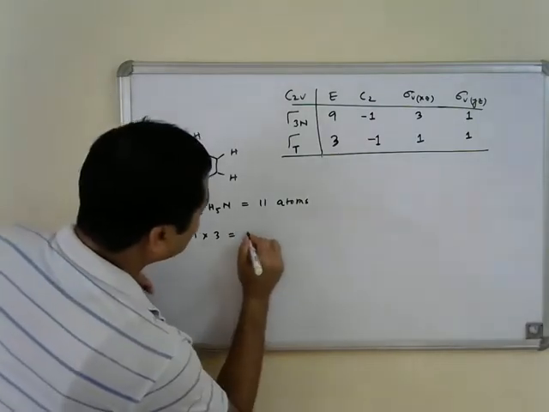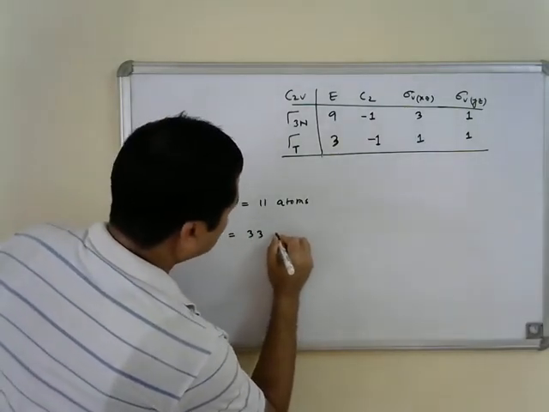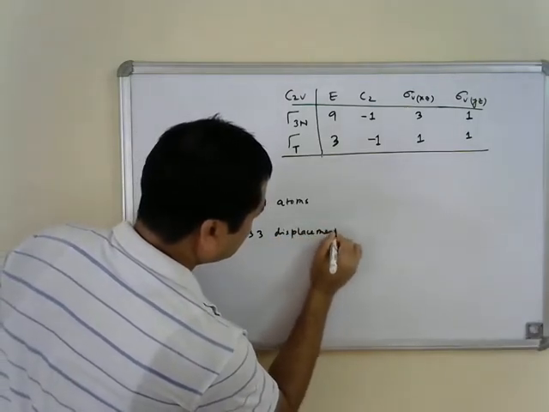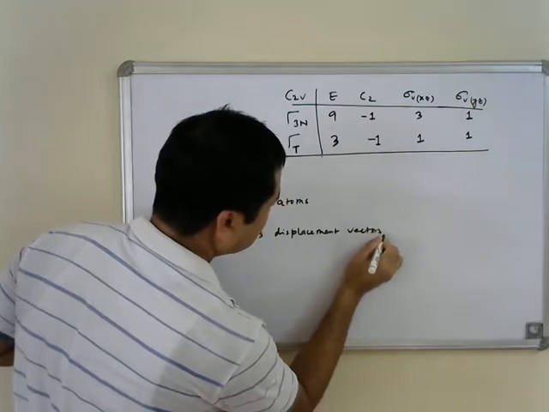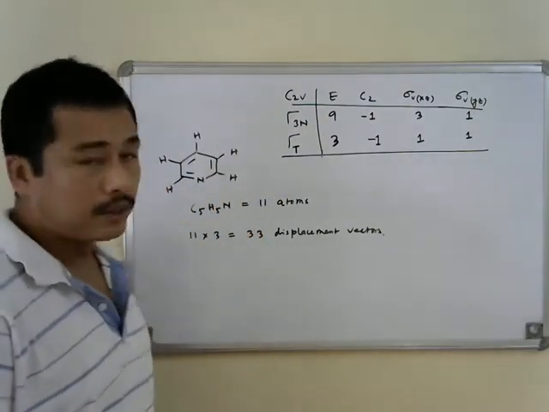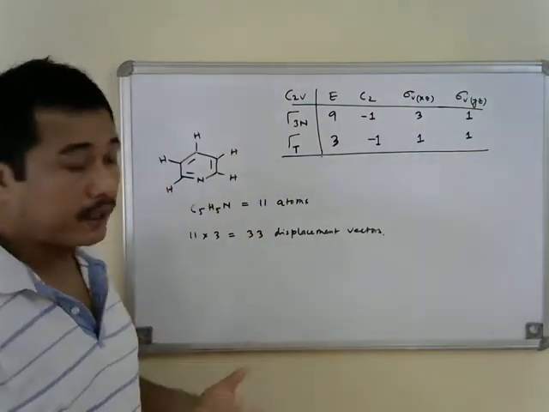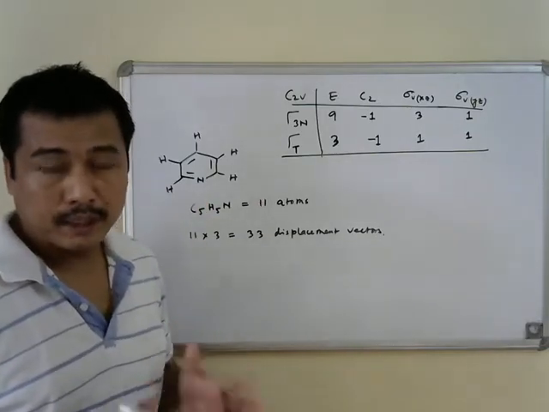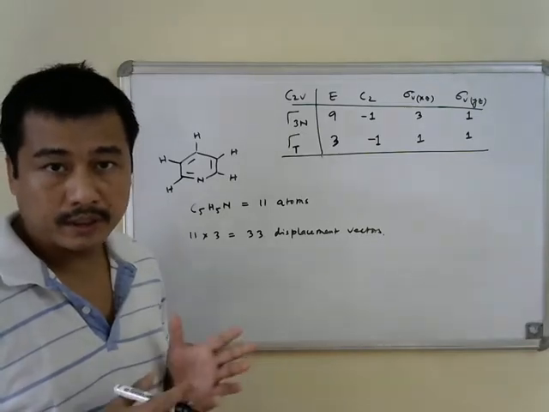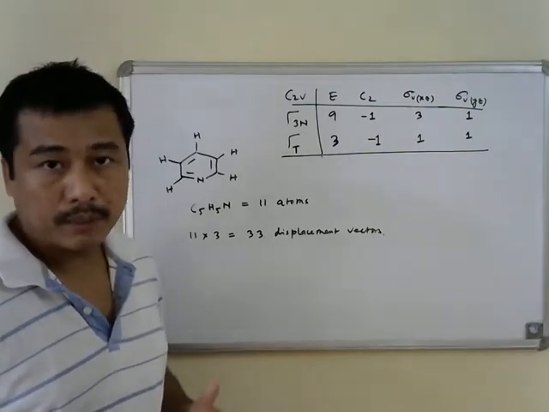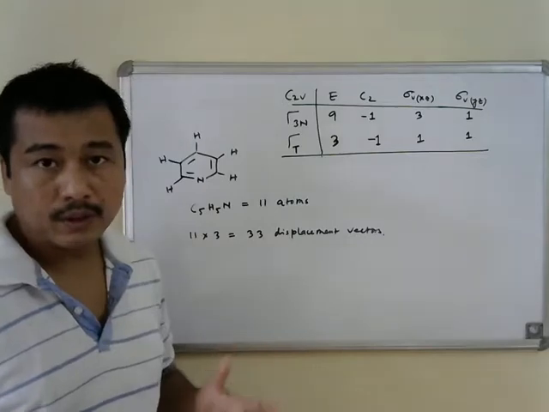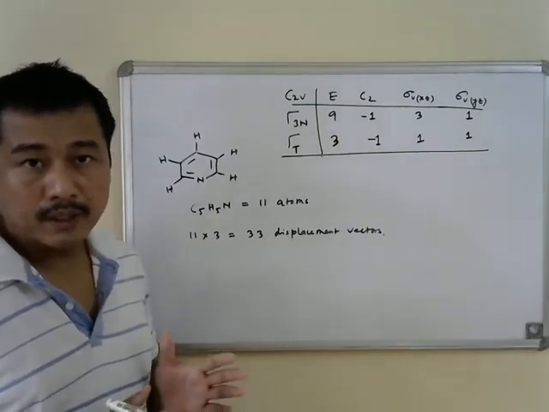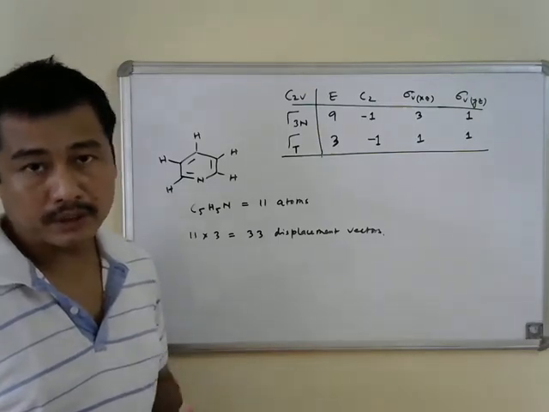So we will have a total of 33 displacement vectors in the pyridine molecule, and the matrix representation for the identity operation will be a matrix with 33 rows and 33 columns. The dimension of the matrix for the identity operation is 33, and it is going to be a unit matrix of dimension 33.